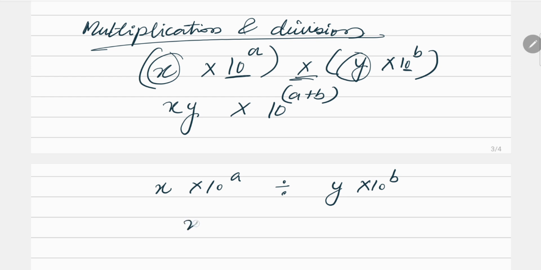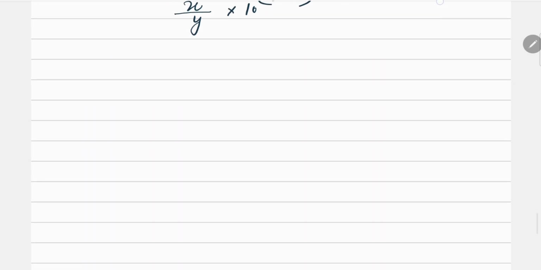So it becomes x by y into 10 raised to power a, the exponent power of the number in the numerator is taken in the positive form, and the exponent power of the denominator is subtracted from it. So this is how these questions are done. Let's take a few examples.